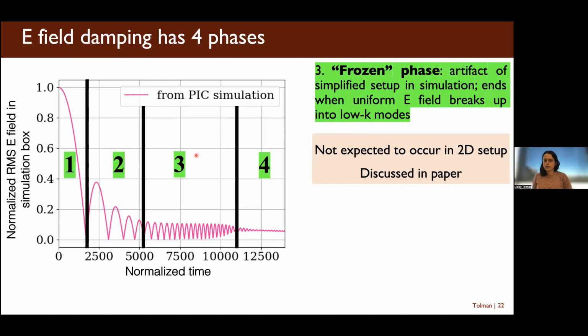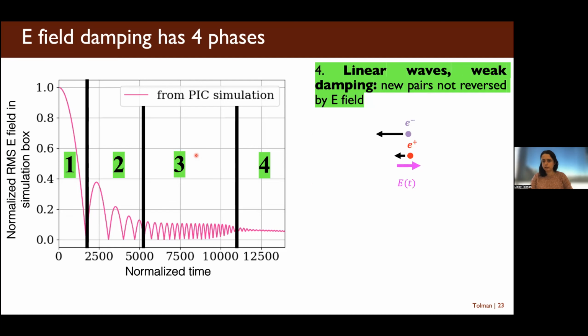This is an artifact of the simplified setup in our simulation. It ends eventually, and this is not expected to occur in a 2D setup, so it's discussed in the paper, but we don't need to discuss it here. Then finally, there's a last phase, which is a phase of linear waves and weak damping. In this phase, new pairs are not fully reversed by the electric field. They just get their momenta changed a little bit.